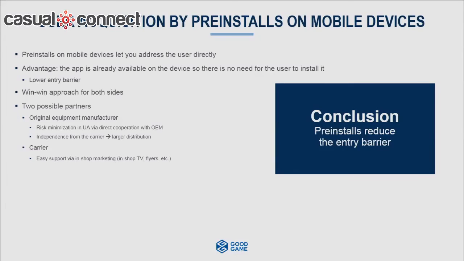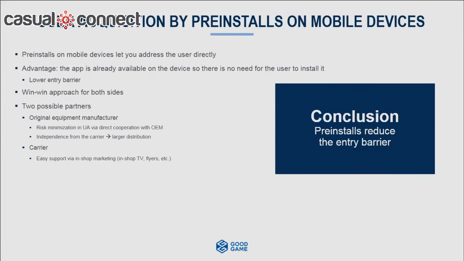It's really appreciated if the position of your pre-install is on the home screen, and it depends on the size of your pre-install partner. A device selection would be really helpful to reach your perfect target audience. But as I said, it depends on the size of your partner.